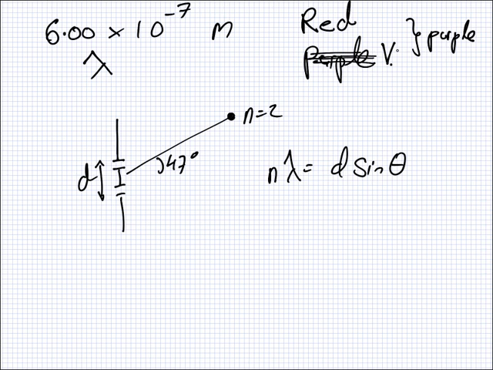And what do they want? The d? The lines. The spacing. The d then. I think we have to use the other formula, perhaps. What was the other formula? s equals lambda D over d. So let's just recap what we know. Do we know sine theta? Yes. Do we know d? No. Do we know lambda?